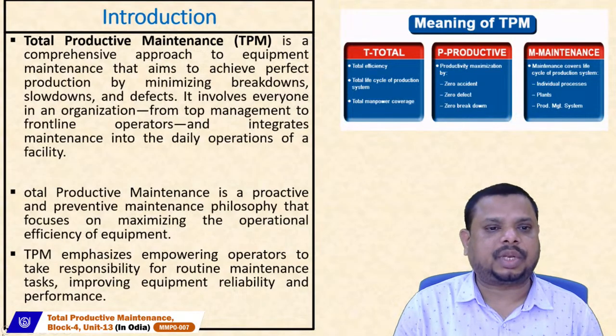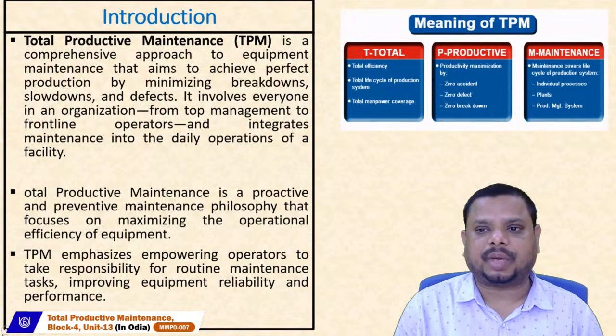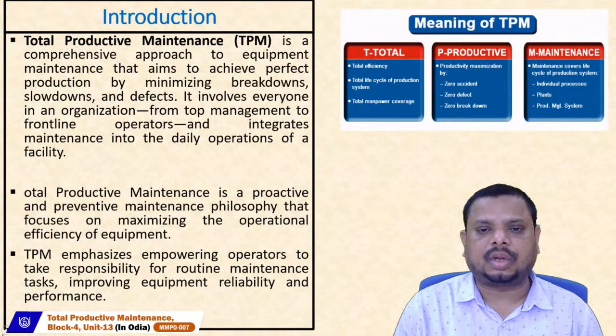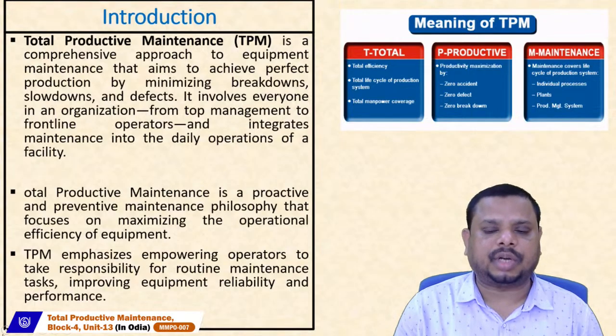So this point focuses on the aim and objective of TPM, where they minimize the breakdown percentage and defect percentage by involving all three levels of management: top level, middle level, and the functional level, which includes the operators who are assigned to the equipment. So this is the first point.